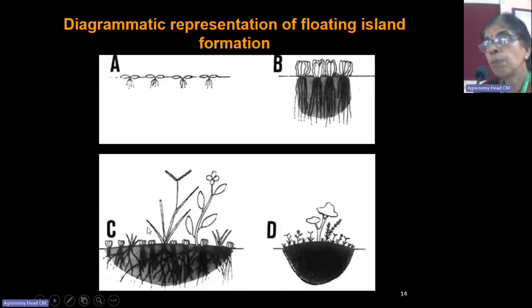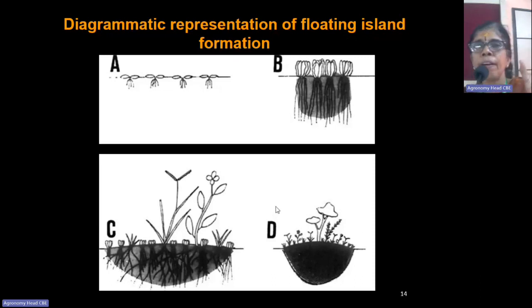Then their population increases, and all the organic matter debris of the Salvinia is again added to this water body, and a floating island formation will result, and the transpiration and evaporation losses are so high that it becomes a marshy land, not at all a water body. It will be a useless water body, and all the aquatic fauna are removed from the system because of poor oxygen availability and poor light availability. So this is a serious case.